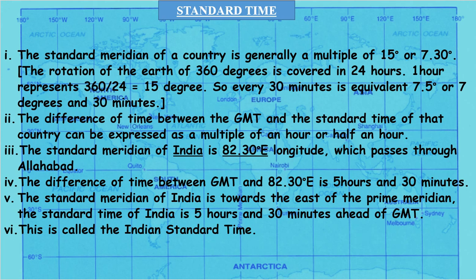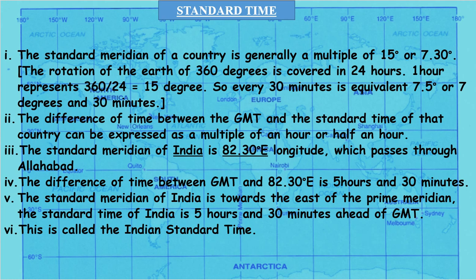I have written it directly, but you can find it out. GMT is at 0 degree, and the standard meridian of India is at 82.5 degree east. Find out the time difference between the two longitudes, and you'll get 5 hours and 30 minutes.